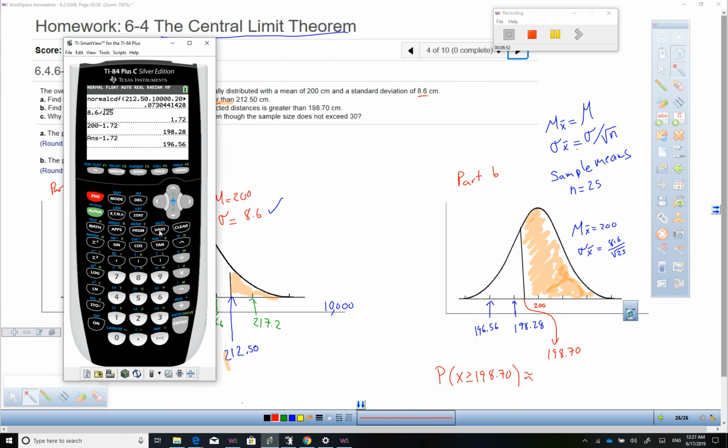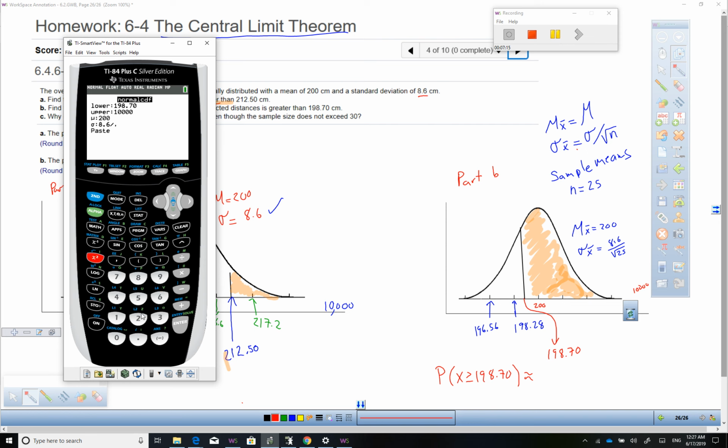We press second vars, number 2, the lower limit will be 198.70. You might keep this upper value as 10,000, which is way over here, very, very far away. The mean is the same. The standard deviation is 8.6 divided by the square root of 25.